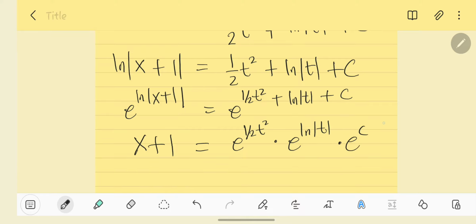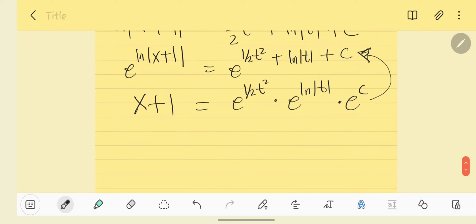Now e to the c is the constant c, and e to the ln t is equal to t, carried by e to the 1/2 t squared.